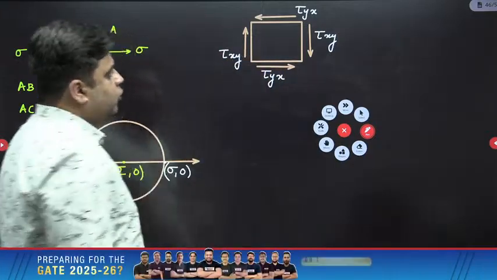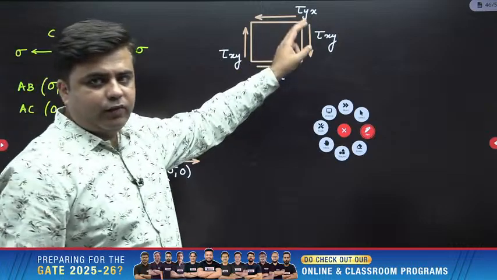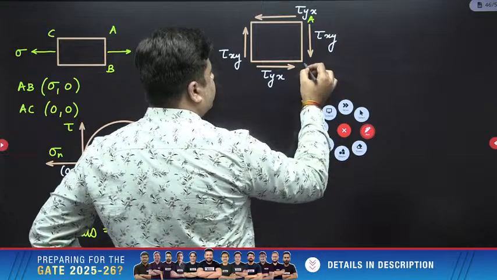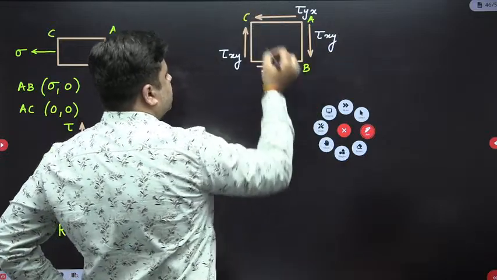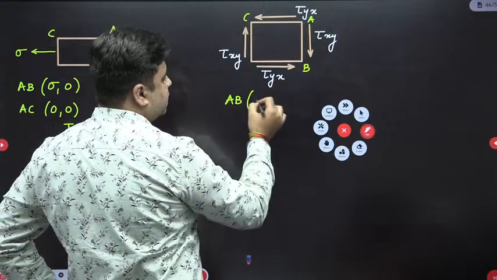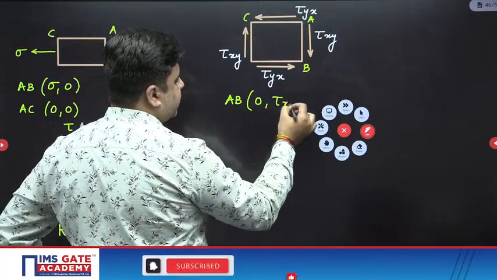Okay. For this element you again have to consider two mutually perpendicular planes, plane AB and plane AC. What are the coordinates for plane AB? For plane AB, normal stress is 0 and shear stress is tau xy.